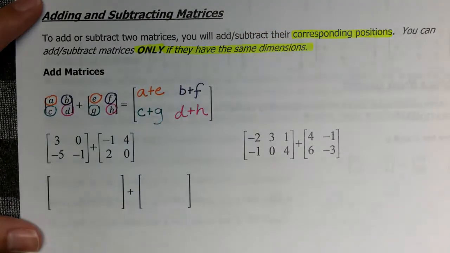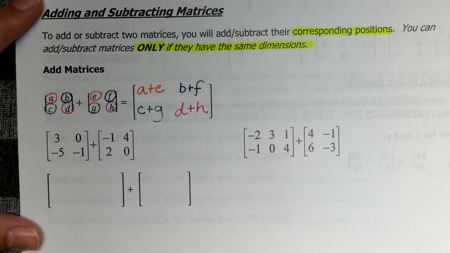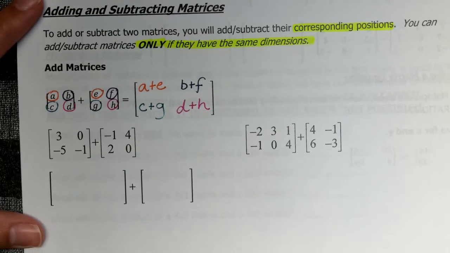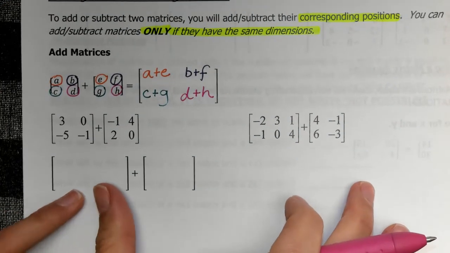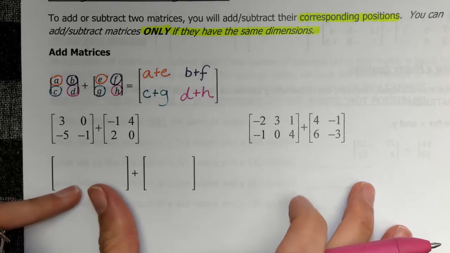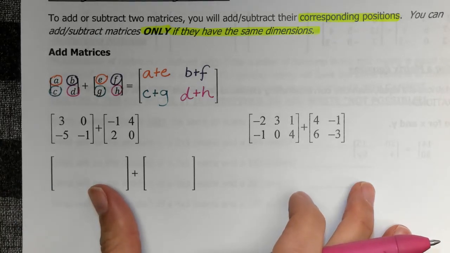When you're adding corresponding positions, you're going to put that sum also in that same spot in the next matrix. Again, right here, I'm going to write out what we're adding, but after this first example, you should not have to write that out. We're doing basic addition.